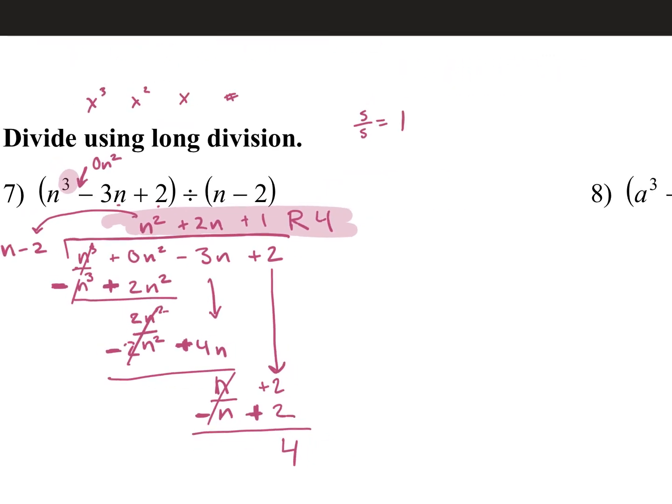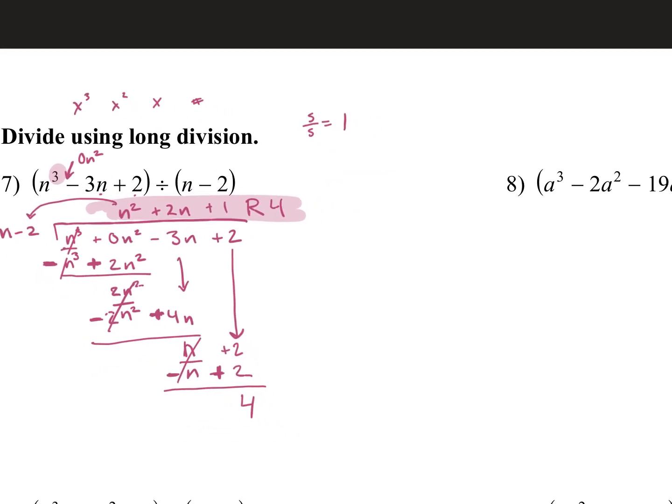So when doing these problems, it's the same 4 steps over and over again. After you have it set up, step 1 is going to be divide. Step 2 is then multiply.